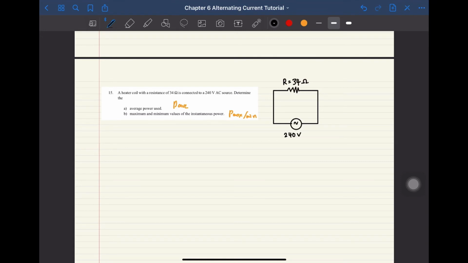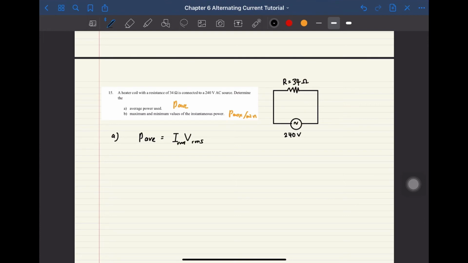We solve the first question first, A. If you want to find P average, normally you can use P equals I squared R. My best method would always be P equals I squared R. But if I want to use a different method, maybe I can use P equals I RMS V RMS.